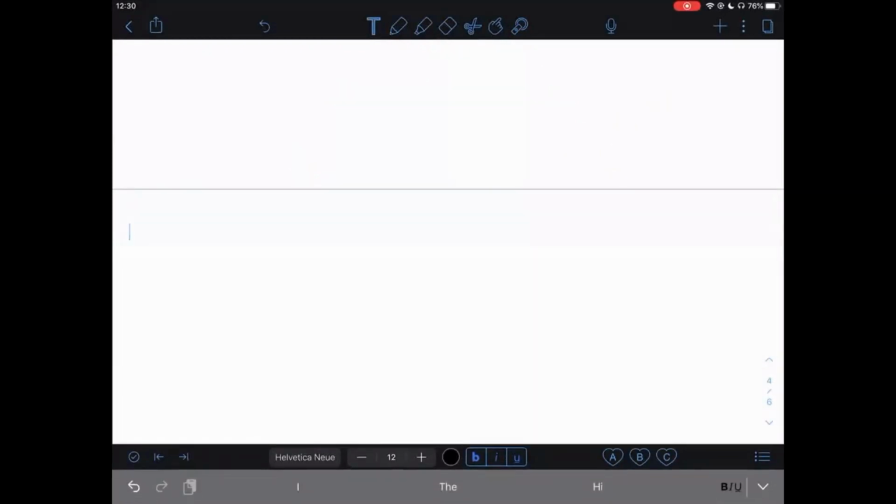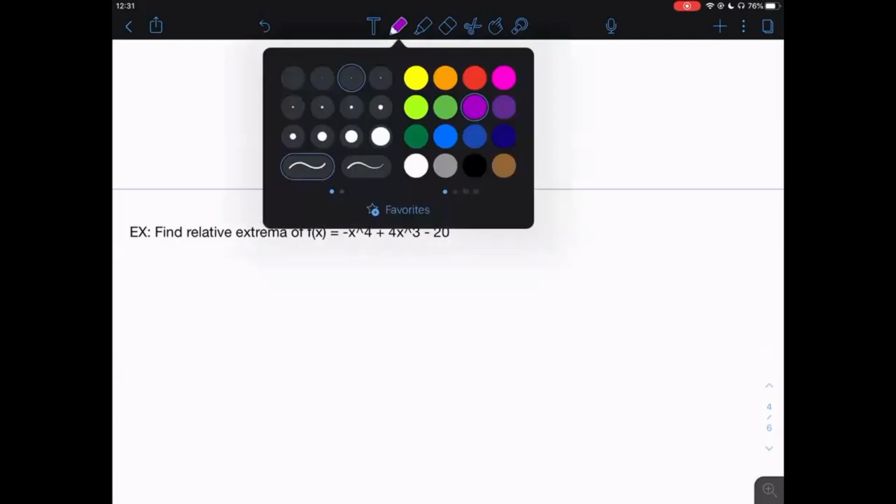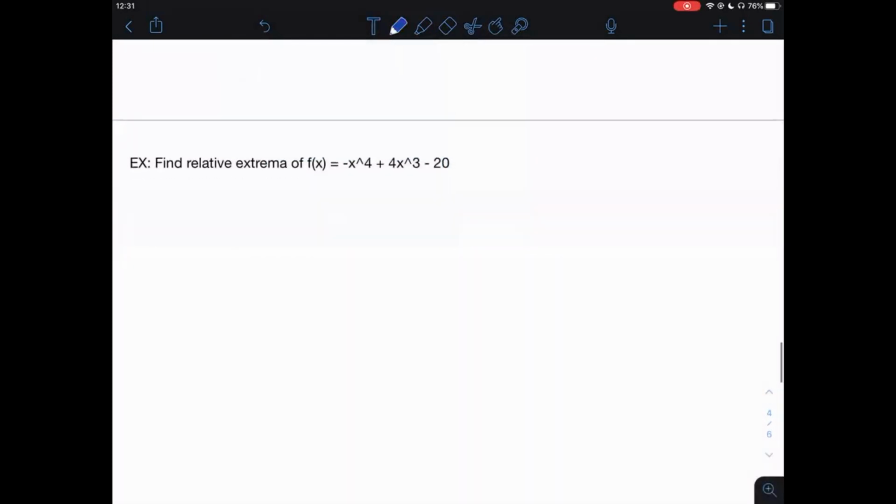Okay. And for this last example, let's find a relative extrema of f of x, where f of x is -x to the fourth plus 4x cubed minus 20. Okay. Again, first step, find its derivative, find f prime.